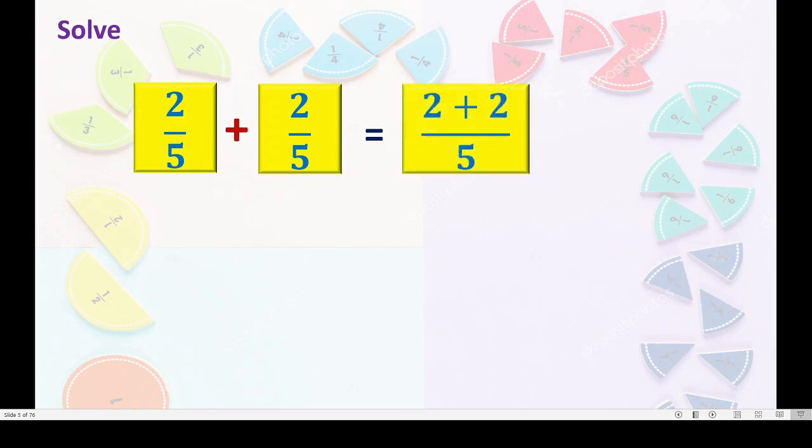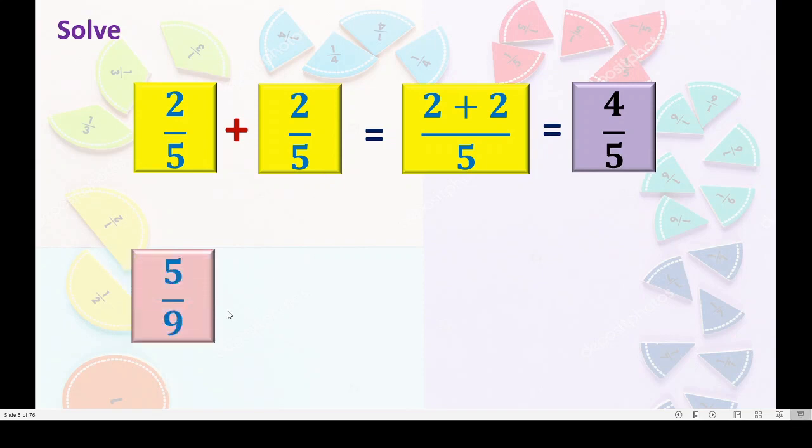It is 2 plus 2, that is 4, isn't it? 4 upon 5 is the answer. Right? First we selected 2 parts out of 5 and again we selected 2 parts. So 2 plus 2 became 4. Right? Because the denominator is same.